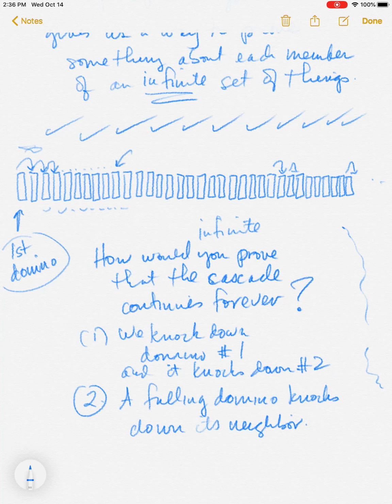Because that's where your intuition comes from, right? You get the ball rolling. You knock this guy down, and then he knocks down the other guy, and then, in general, you think, well, any domino that falls down is going to knock down the guy next to him, and so you conclude that all the dominoes are going to fall over.